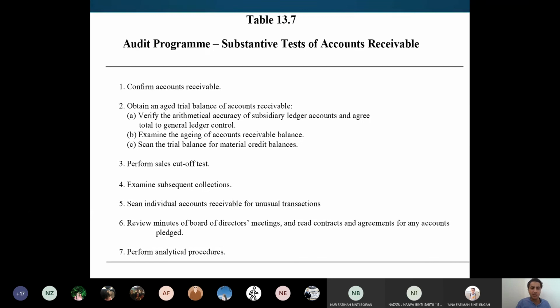I think it's clear, but B, aging, is to check how old this account receivable is, because sometimes if the account receivable is aged, let's say 1 year or more than 1 year, it should be written off from the current assets. So we need to examine the aging of the accounts receivable balance, and we see which ones should remain and which ones should be written off from the balance of accounts receivable.